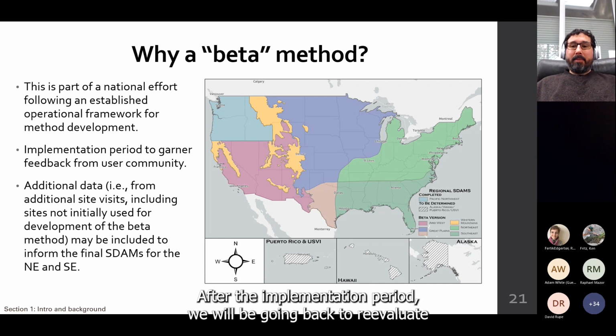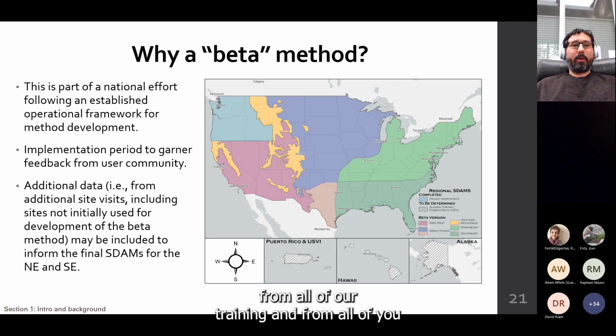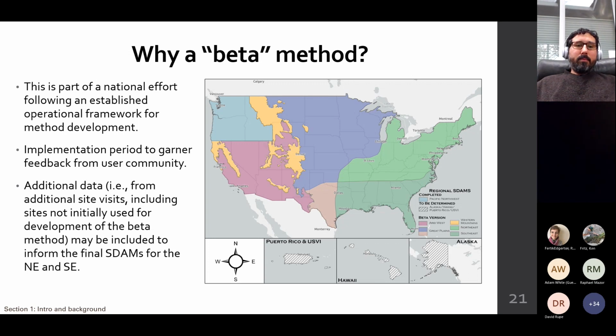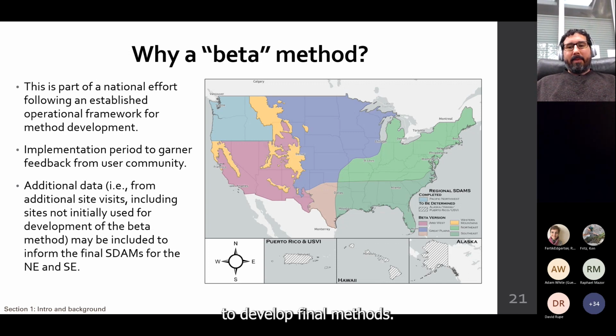After the implementation period, we will be going back to reevaluate our data in light of the comments we receive and the feedback from all of our training and from all of you, and from the public, to reanalyze the data with and including the additional data from our instrumented sites to develop final methods.